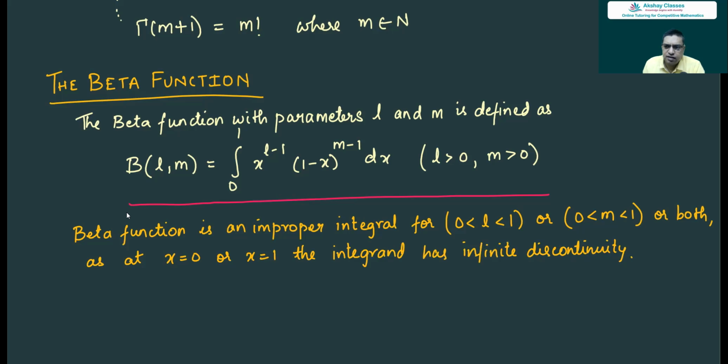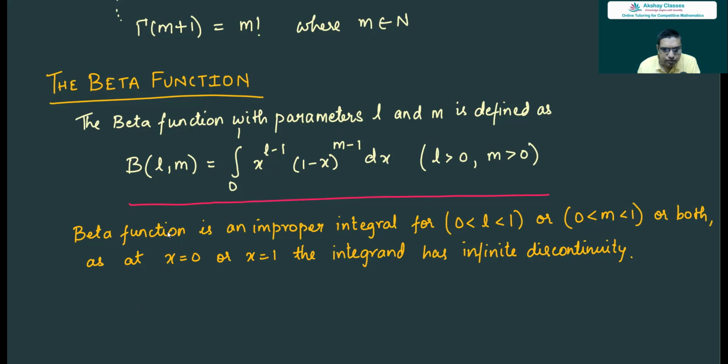Okay. So when x equal to 1, this goes to 0, and if you have a negative power, it goes to infinity. When x equal to 0 and L is less than 1, so something going to 0 with a negative power, this will go to infinity.